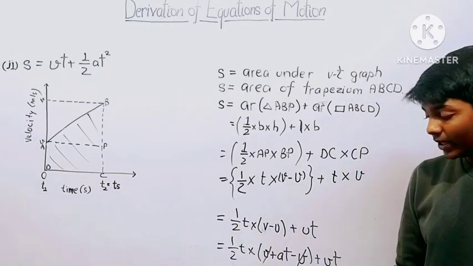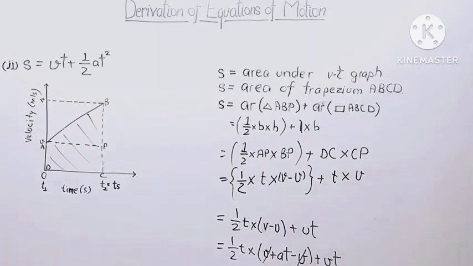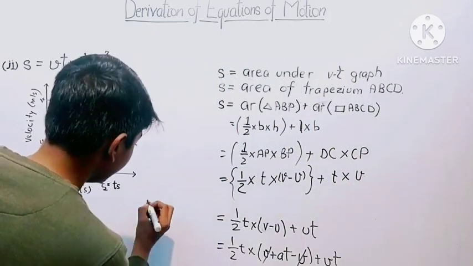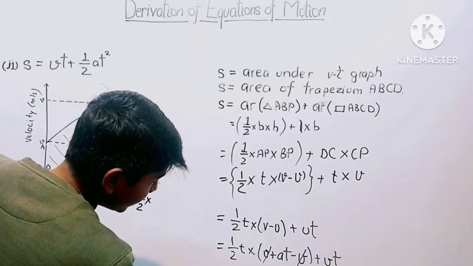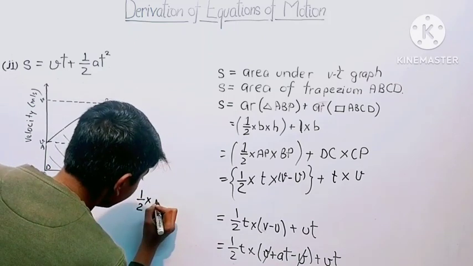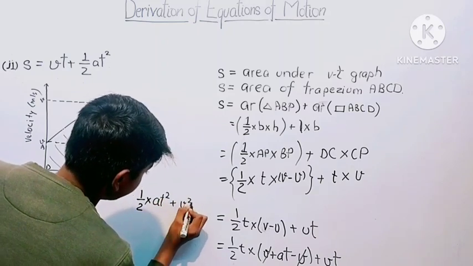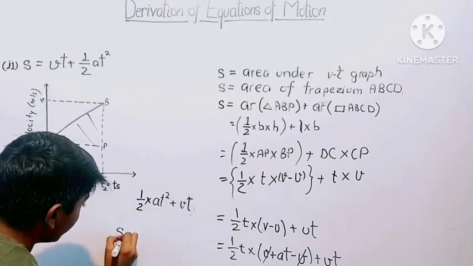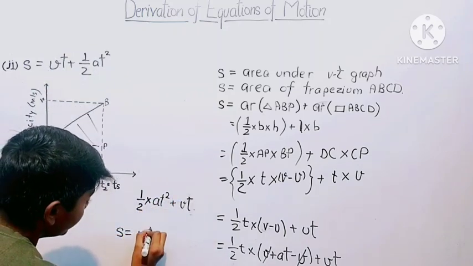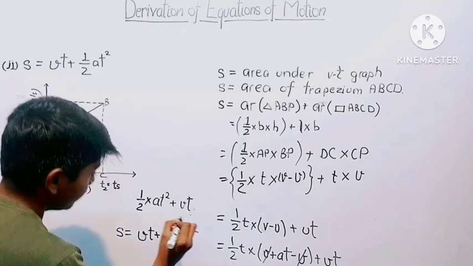So now we will be left with half t into AT plus ut. So overall this would be half into AT square plus ut. So we will get the formula S is equal to ut plus half AT square.